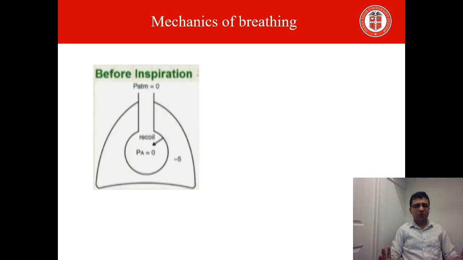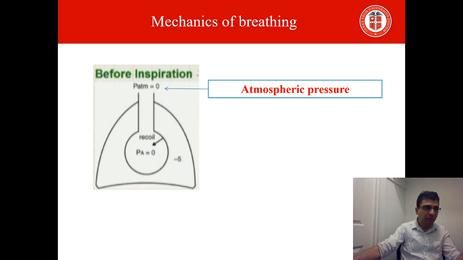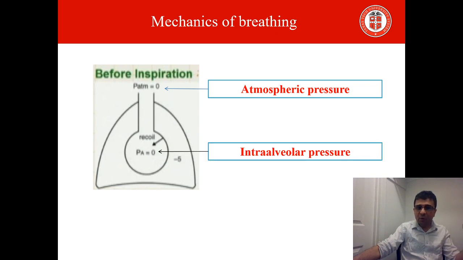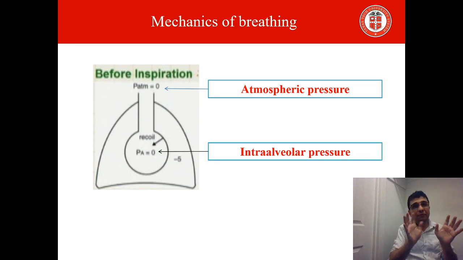Now, it's a good time to talk very briefly about how the air in our atmosphere moves inside the lungs. So this is a diagram which displays that at rest, when we are not breathing, before inspiration, there are three pressures which I want you to focus on. The first one is the atmospheric pressure, which is zero if we are not inhaling or exhaling. The second one is the intra-alveolar pressure.